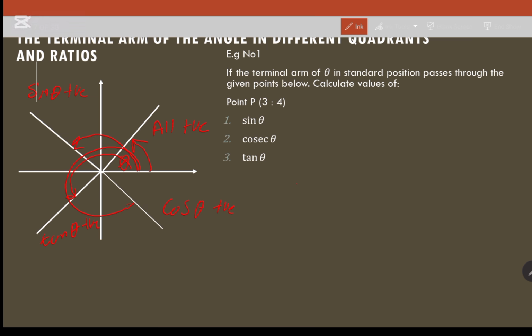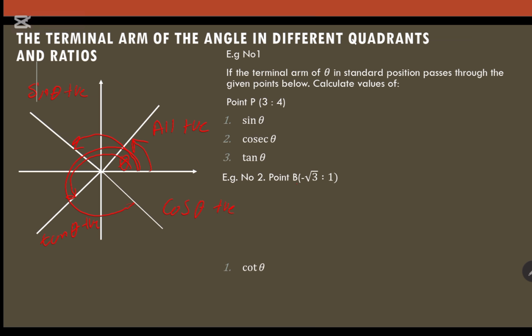The second question says, example number 2, the point is (negative root 3, 1). In which quadrant do we find this point? This point is found in quadrant number 2. The value of x is negative, but the value of y is positive.